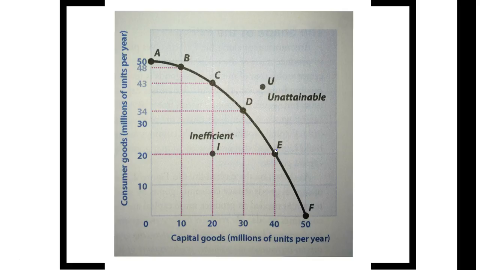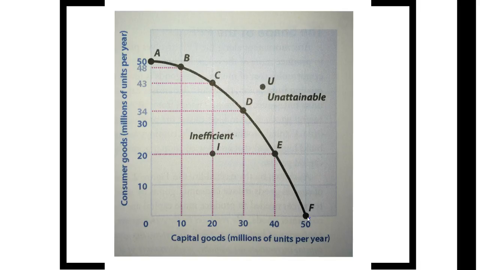The law of increasing opportunity cost also applies when switching from the production of capital goods to the production of consumer goods. When all resources in the economy are making capital goods, as at point F, everything is capital, certain resources such as cows and farmland are of little use in making capital goods.